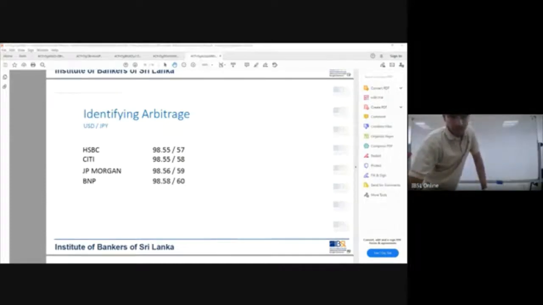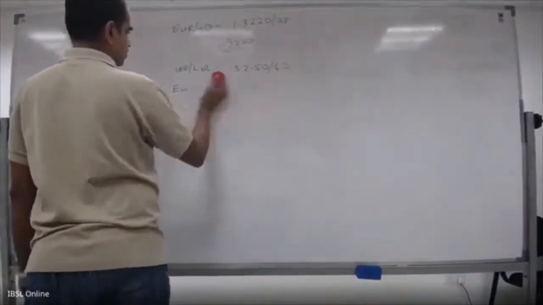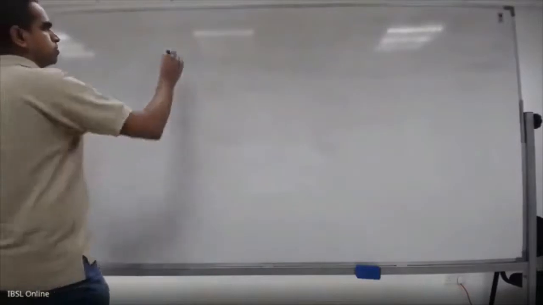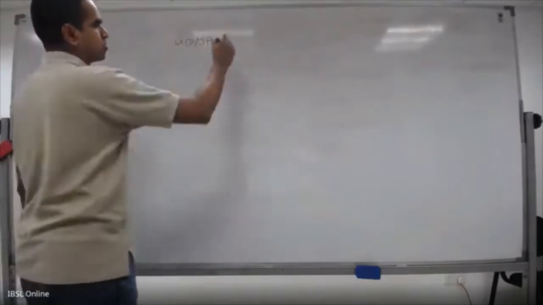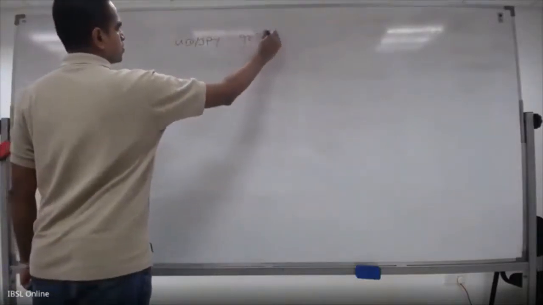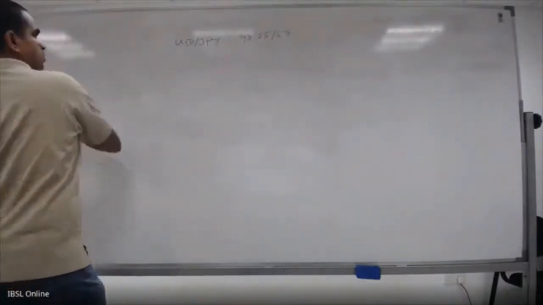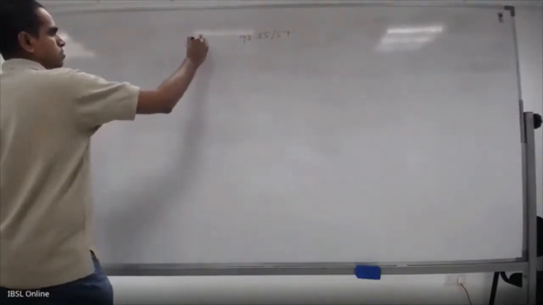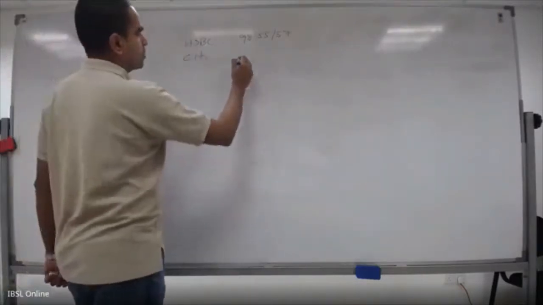Can you all identify arbitrage? Citi is quoting 98.55.58.